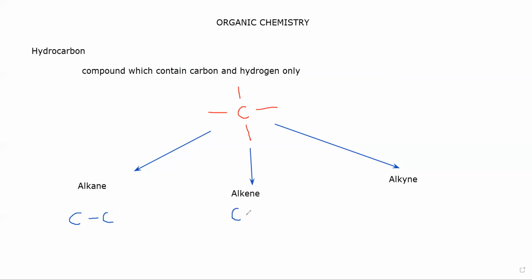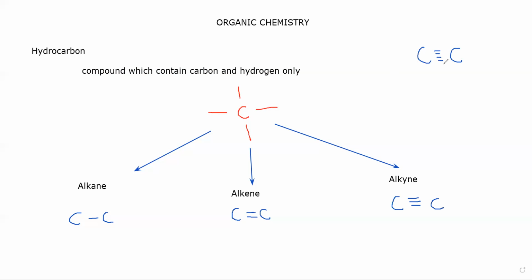If between the 2 carbon atoms there is a double bond, we call them alkene. And between the carbon atoms, if they have a triple bond, we call them alkyne. The 2 carbon atoms cannot have 4 bonds between them. Why can they not have 4 bonds? Then it cannot be a hydrocarbon, because the term hydrocarbon means they contain carbon and hydrogen only.